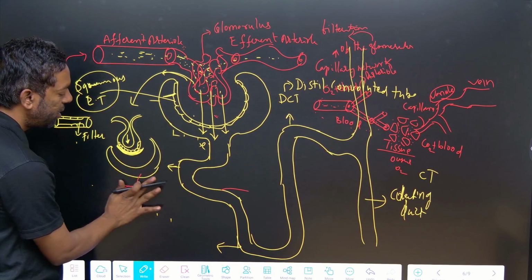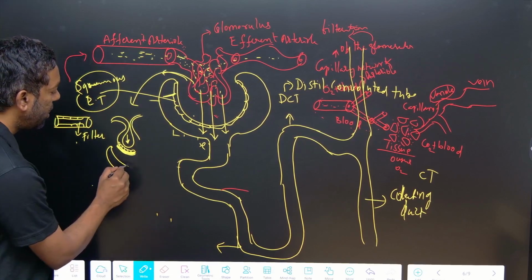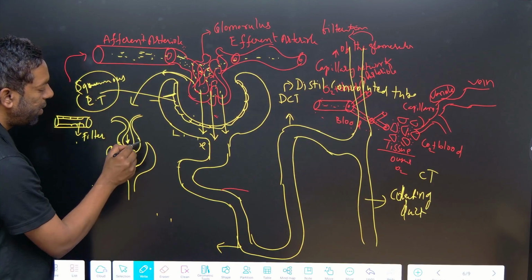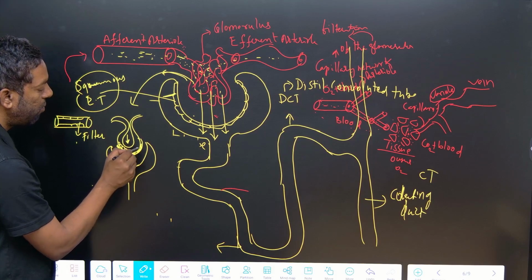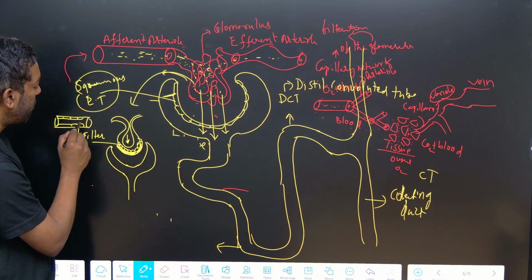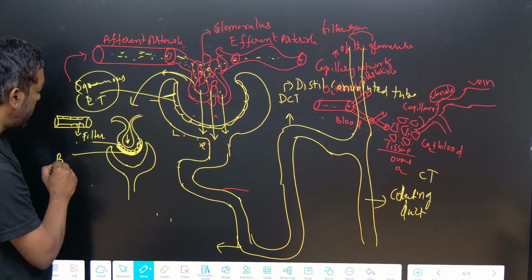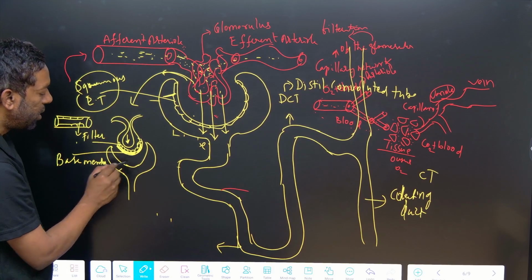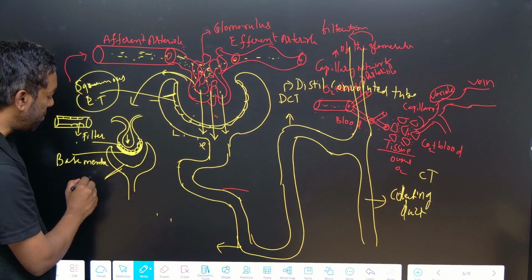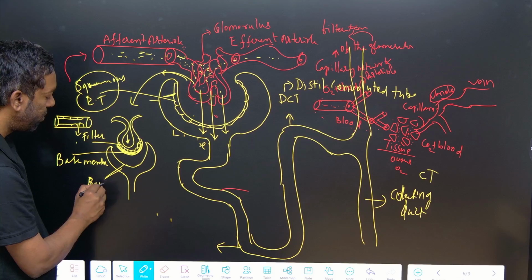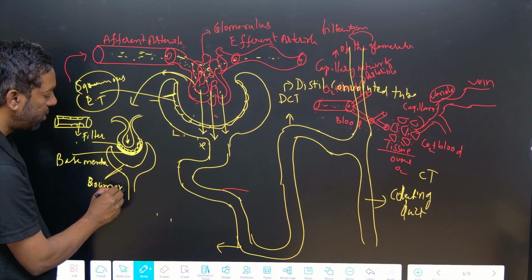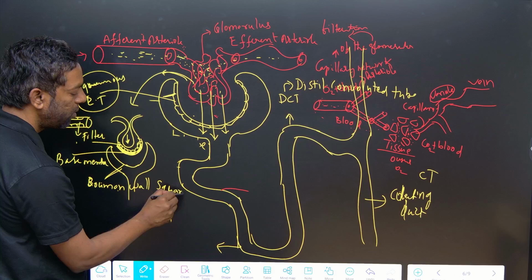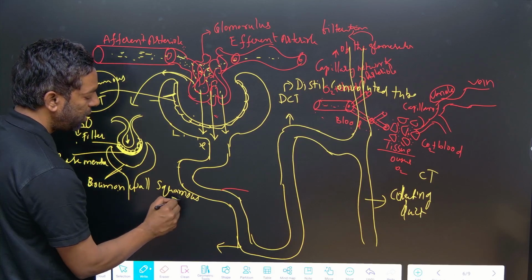What are the 3 layers? The capillary network, one layer, and the basement membrane, and the Bowman's capsule wall, which is squamous epithelial tissue.